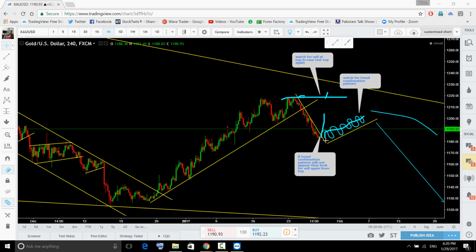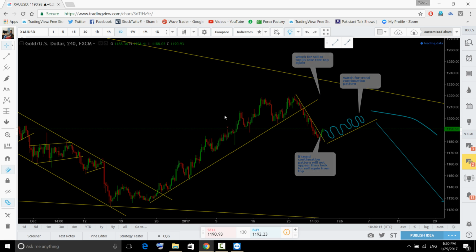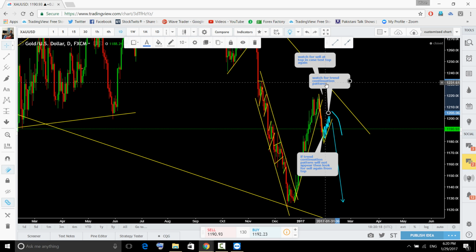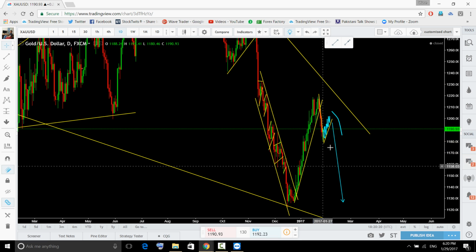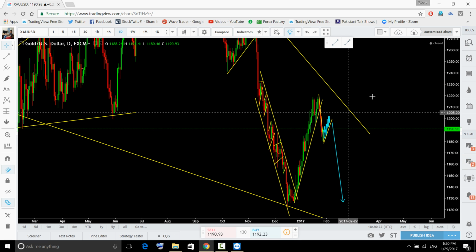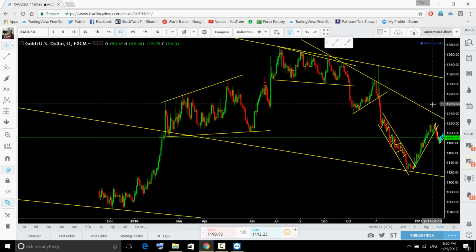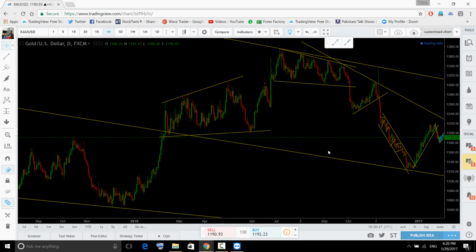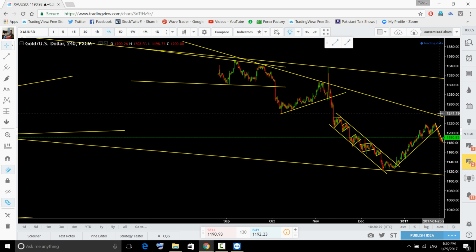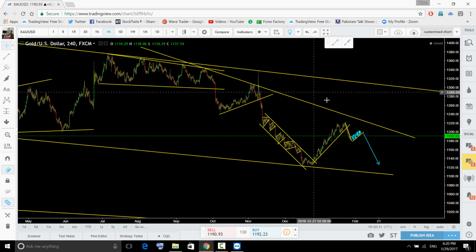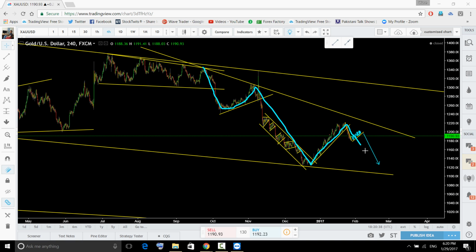And if you do not see that aggression over there and price starts to form continuation, then we are going to look for downside. Remember we have spoken about this 5-wave structure to the downside. 1, 2, 3, 4, and 5.